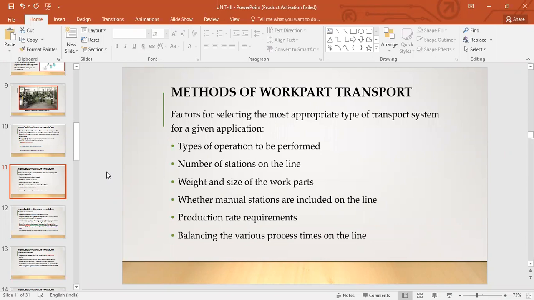Is it manufacturing? Is it inspection? Is it like all the stations are doing inspection only, of different physical features? Maybe some machines are only inspecting the dimensions.